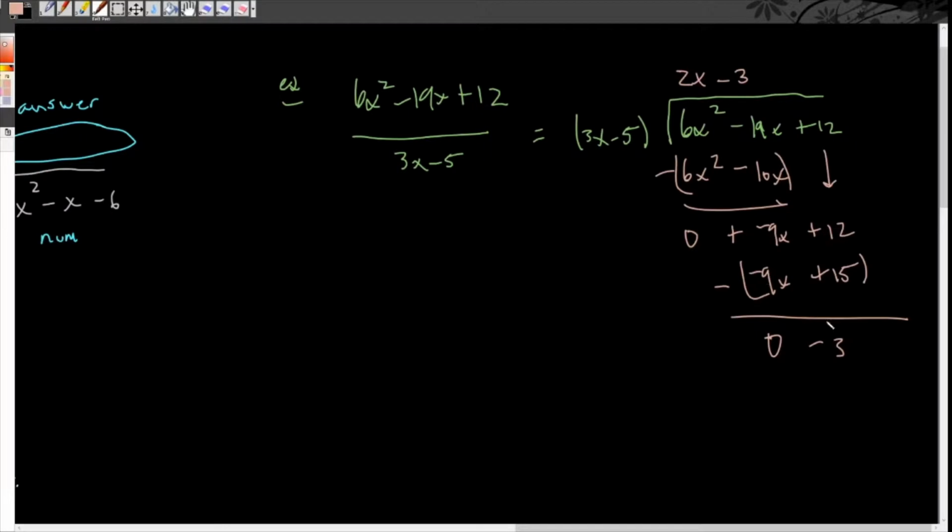I would have to take away an x somehow, right? So that doesn't really make sense. I'm actually done here. It's x squared then x, so we keep going, but now there are no more x's, so we're done. So this is actually our remainder now. In the past we've had remainder 0, but now we have remainder negative 3.